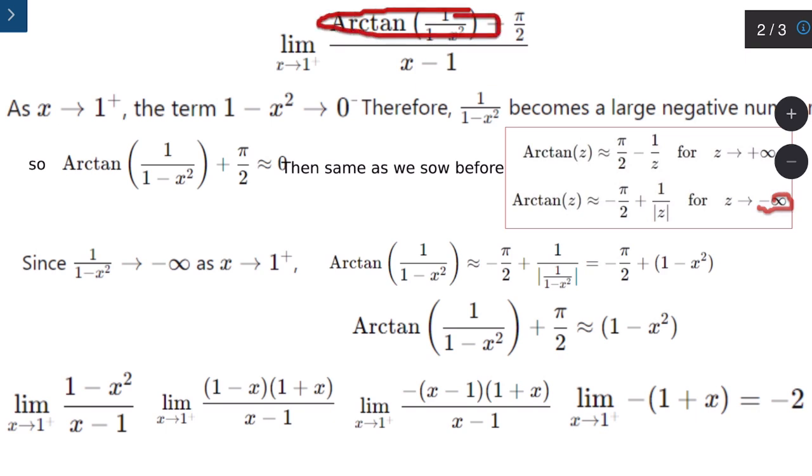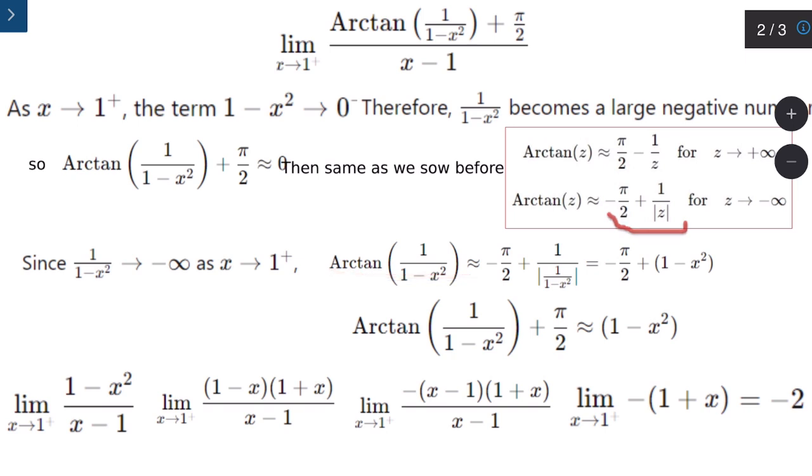Since 1 over x goes to minus infinity as x goes to 1 from the positive side, this thing, as we said in the slide before, we will replace with pi over 2 plus 1 over the absolute value of x.